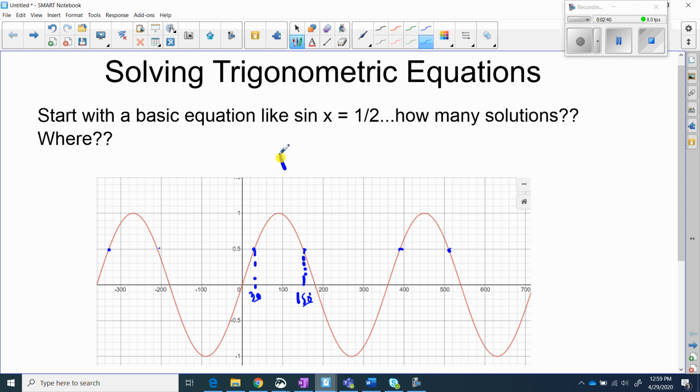If you know that the period is 360, if you're talking degrees, these angles repeat themselves every 360 degrees. So if I was here and I added 360, I should get another answer. So 360 plus 30, so 390 degrees. If you find the sine of 390, you will also get a half.